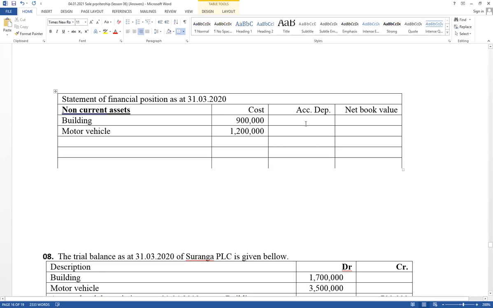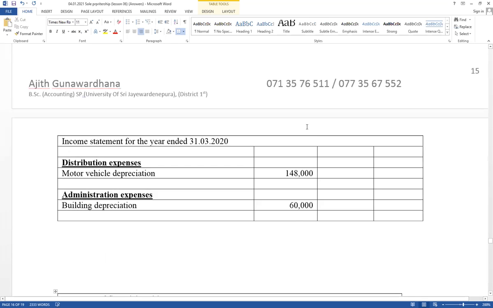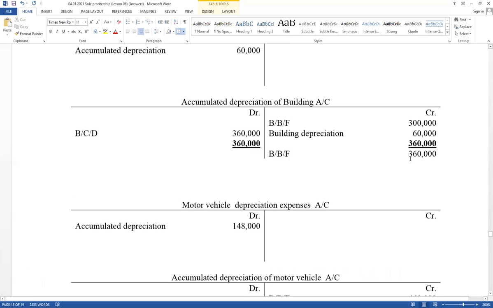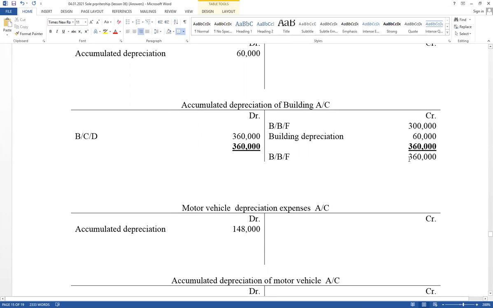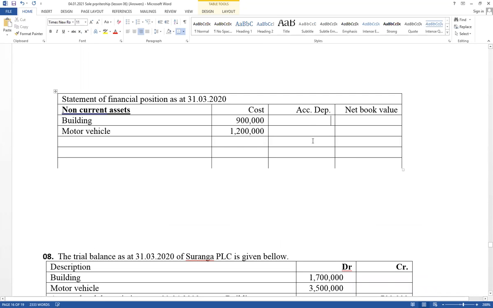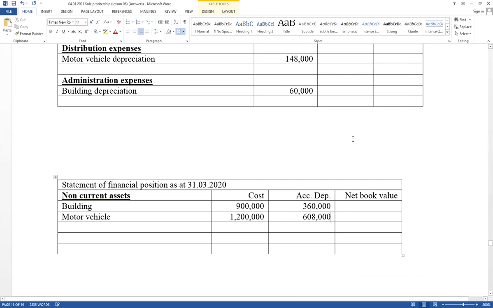But as accumulated depreciation, the closing balance should be included. The motor vehicle accumulated depreciation closing balance equals 608, and the building accumulated depreciation closing balance equals 360. Therefore, the closing balances should be included in the financial position as accumulated depreciation: 360 for the building and 608 for the motor vehicle.